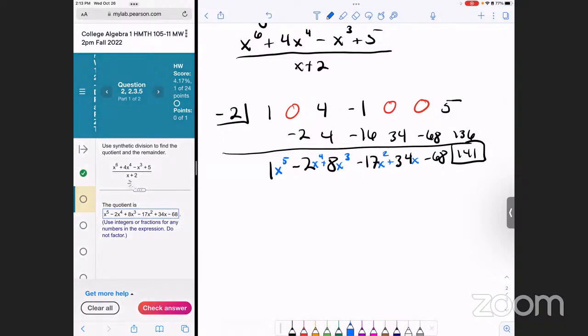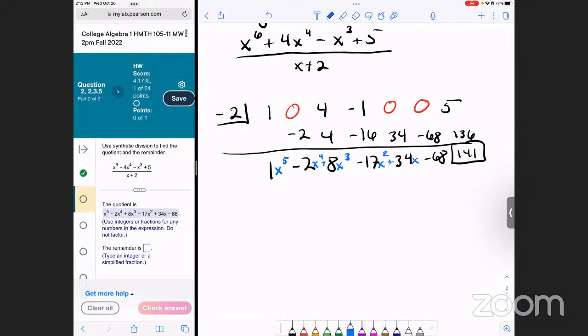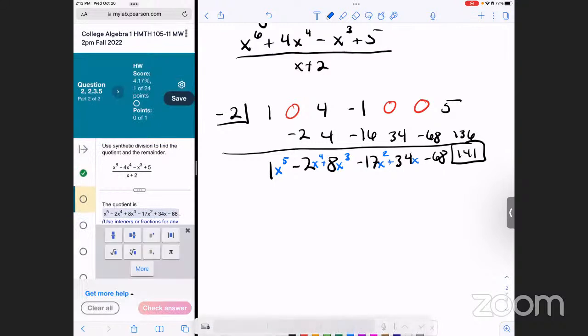Let's go with that. And then the remainder is 141.